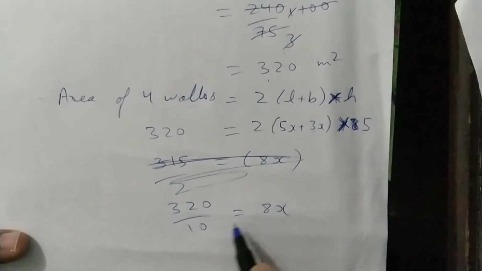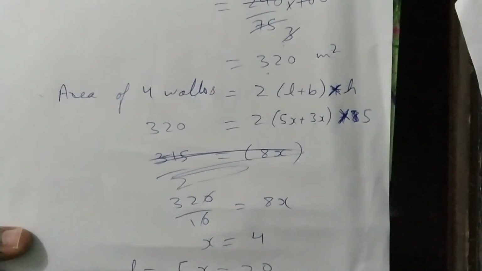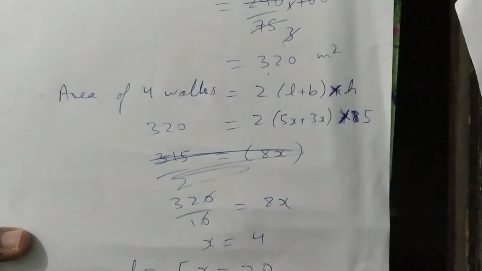So on calculating, x is equal to 4. So now length, which was 5x, that is 5 into 4, 20 units. Breadth, which was 3x, that will become 12. Or you can check in other units, meter or centimeter, whichever you want to use.